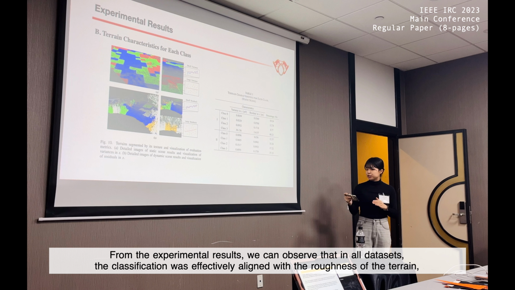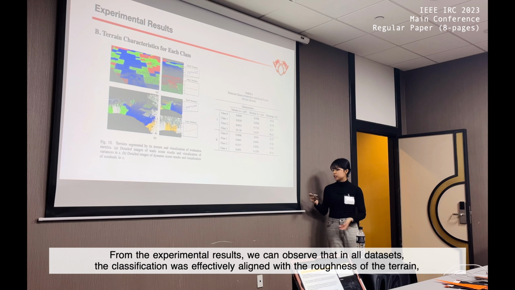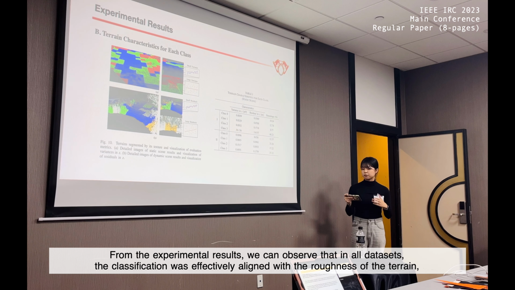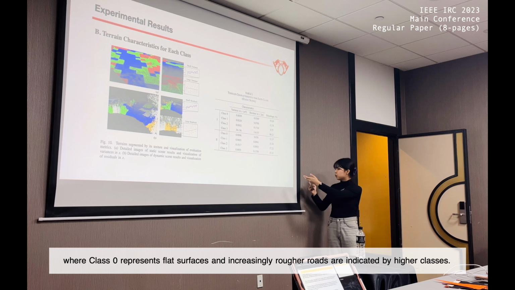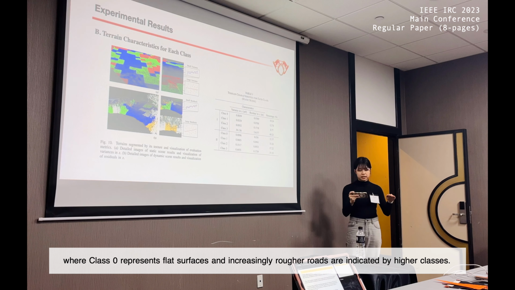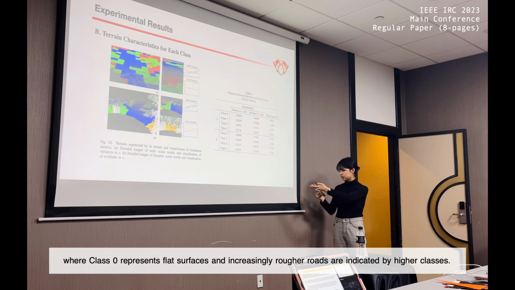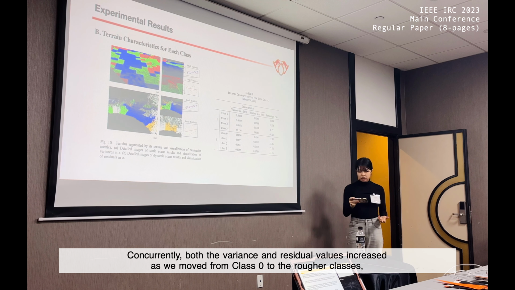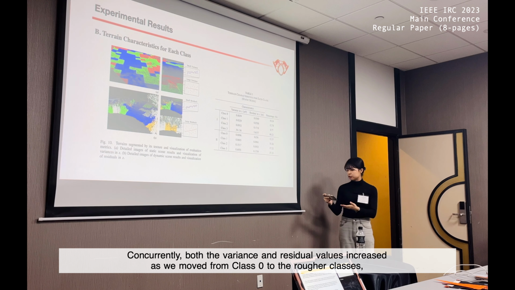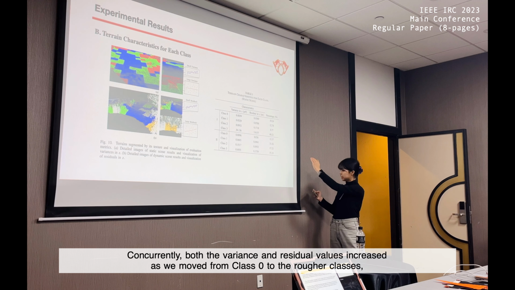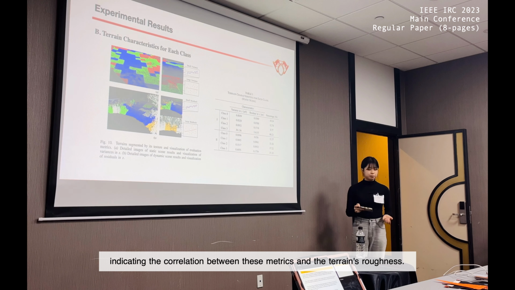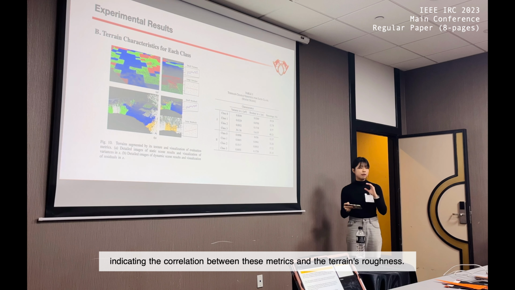From the experimental results, we can observe that in all datasets, the classification was effectively aligned with the roughness of the terrain, where class 0 represents flat surfaces and increasingly rougher roads are indicated by higher classes. Concurrently, both the variance and residual values increased as we move from class 0 to the rougher classes, indicating the correlation between these metrics and the terrain's roughness.